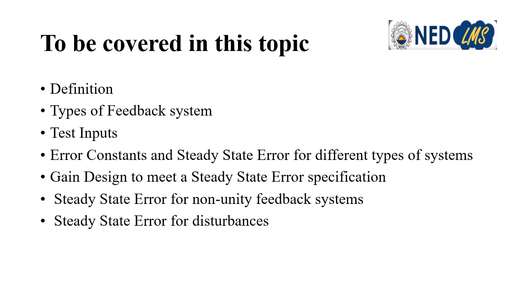And then we will see the steady state error for disturbances. Disturbances actually act as an input for the system. So if we have not only one input but also a disturbance or some other input in the system, how will we calculate the steady state error in that case.